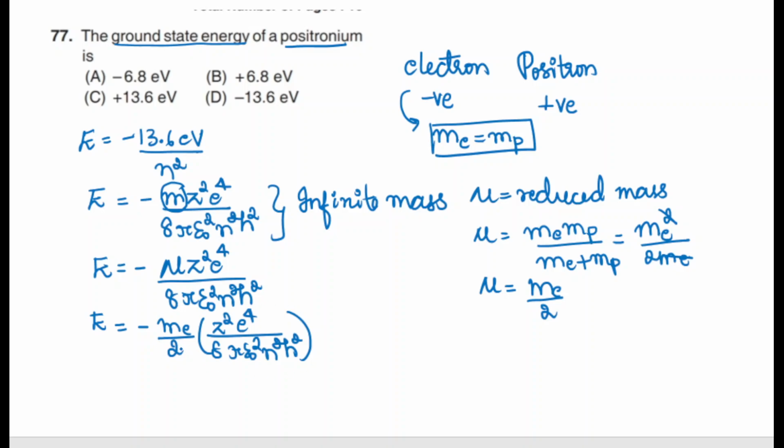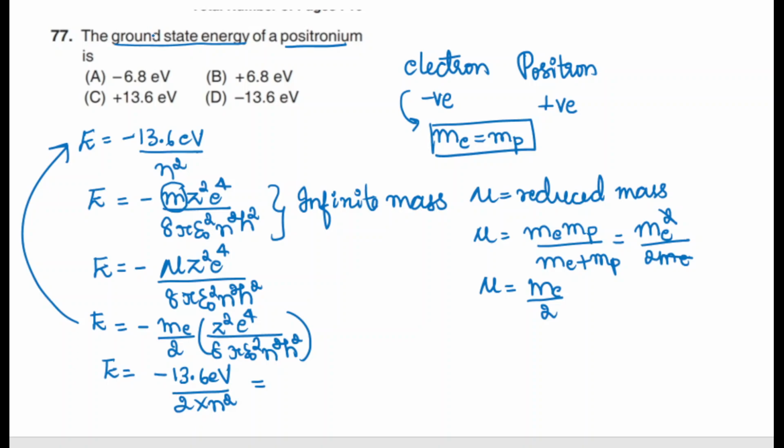Only extra thing is in the denominator we have 2. So what will be the energy formula if we compare? The energy is equal to minus 13.6 electron volt divided by 2 into n square. Yes, this is the formula for the ground state energy of the positronium.